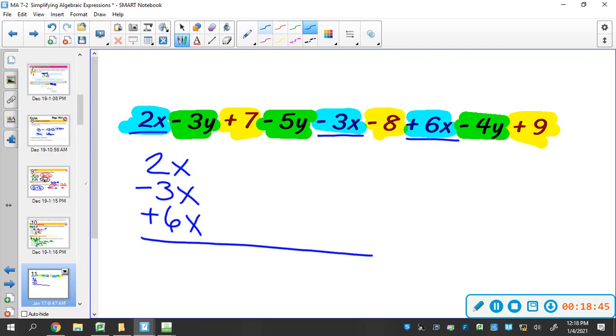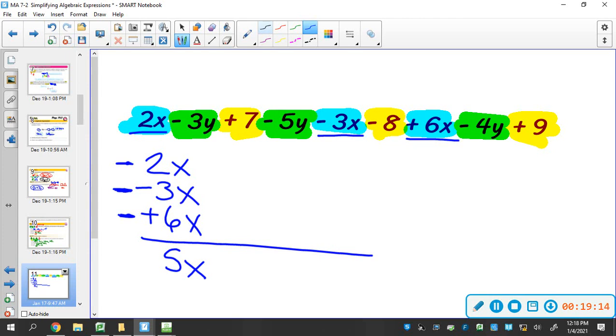Okay? And when you think about that, what you're really doing is adding down. So 2 plus -3 would give me a -1. -1 plus 6 would give me a +5. So that would be 5x. Or if you want to rearrange them, you could think, okay, here my 2 plus my 6, that gives me 8. 8 minus 3, that gives me my 5.